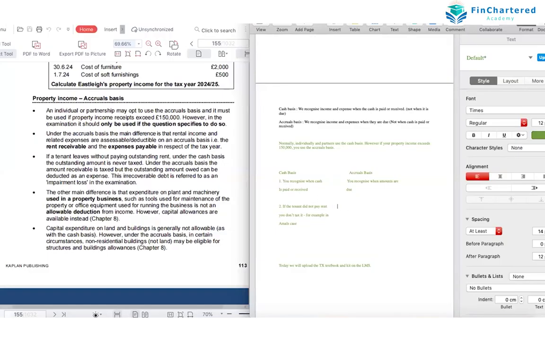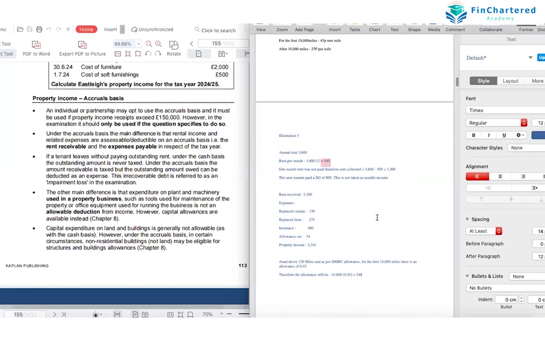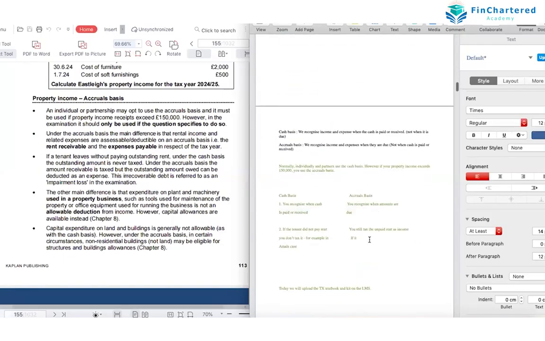But in case of accruals basis, again, you recognize amounts when they are due. So you still tax the unpaid rent as income. Like in Amal's case, in accruals basis, you will add up that 300. See, in cash basis, you didn't add that, but in accruals basis, you have to add it.